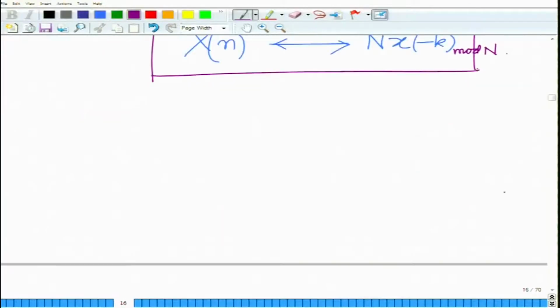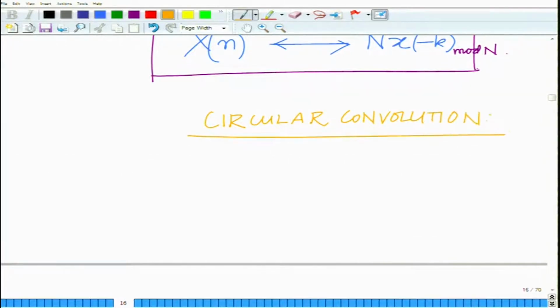And then the next property is also fairly important, which is circular convolution. Which is basically x 1 circularly convolved with x 2 of n.